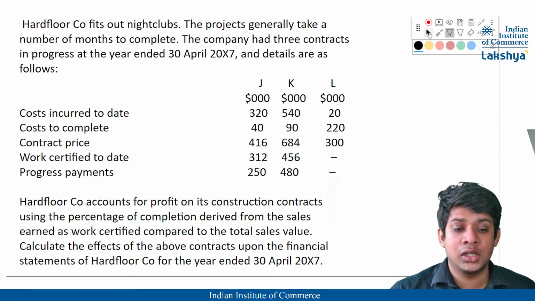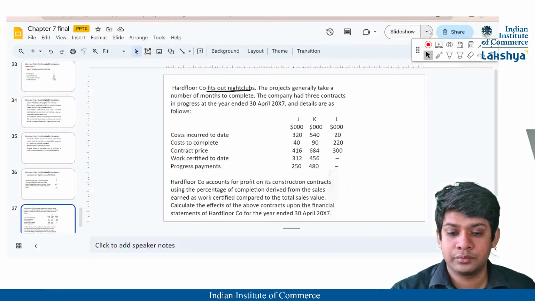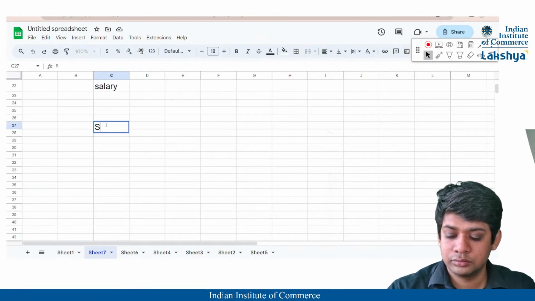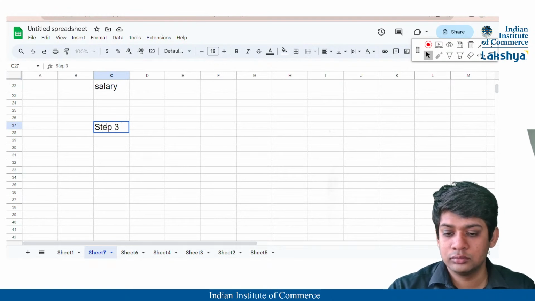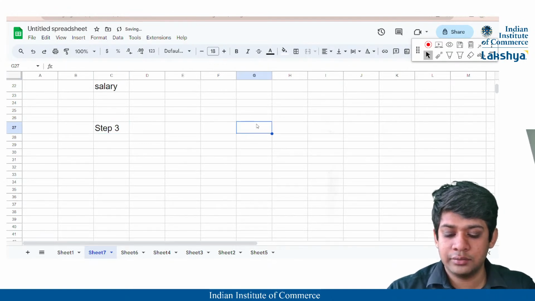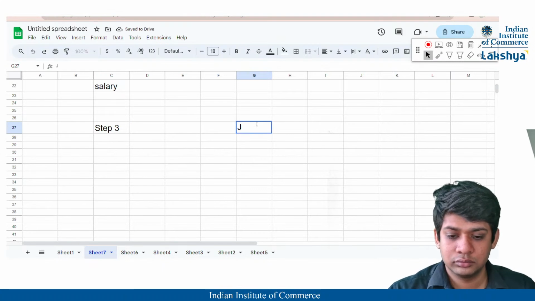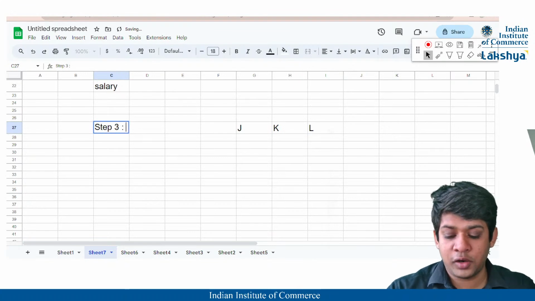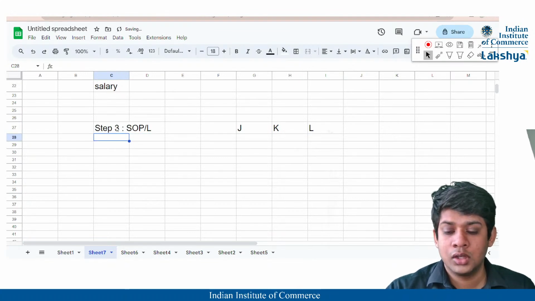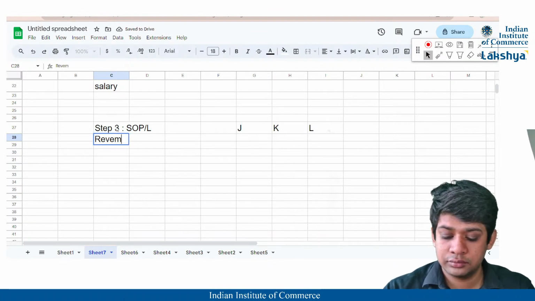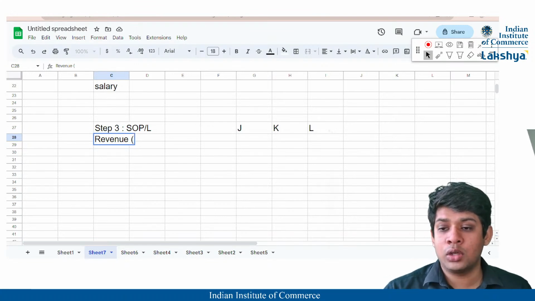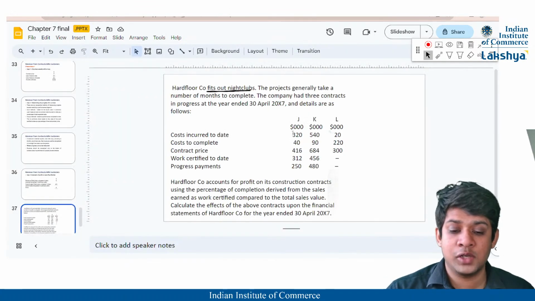Now let us understand the third step, that I'll do on Excel. For J, K and L, it is nothing but the statement of profit or loss that we are preparing. Okay. So we will firstly consider the revenue which is recognized. That will be the total contract price multiplied by the progress percentage.